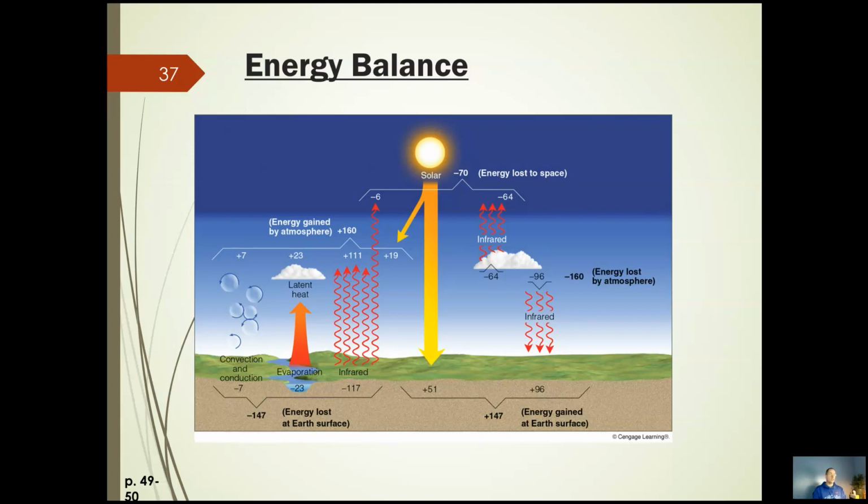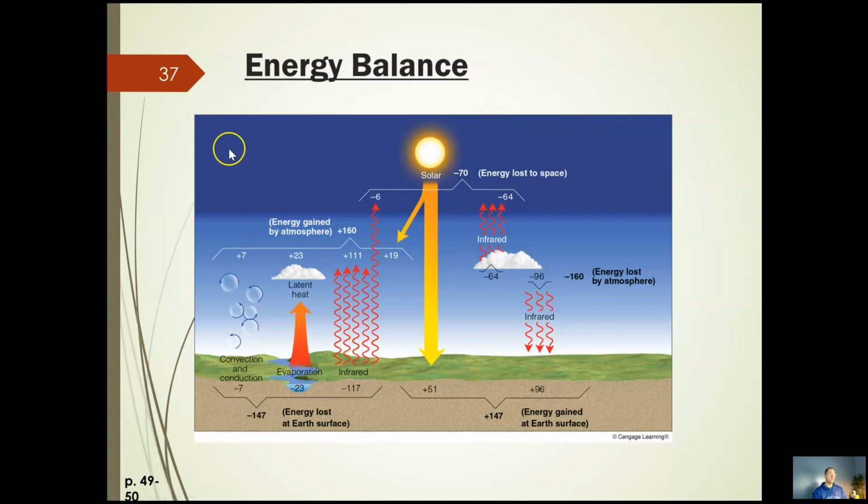The numbers are a little odd, the concepts are what are critical. You do not need for an exam to start memorizing any of these numbers. What you do need to know is what can happen to this radiation as it moves through the atmosphere, both from the sun and after it's emitted by the Earth.